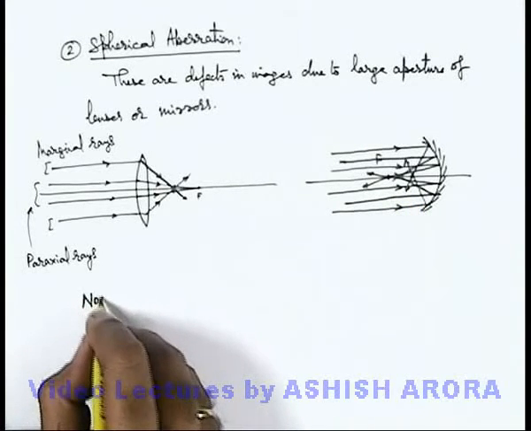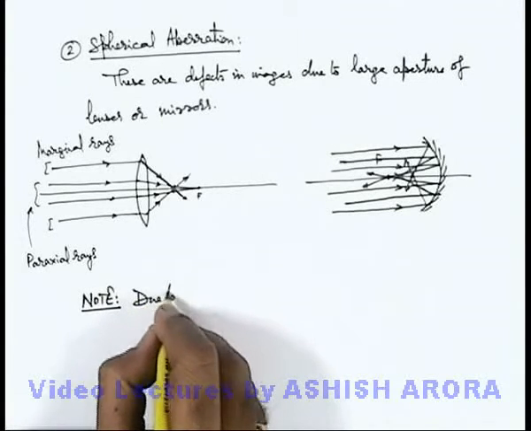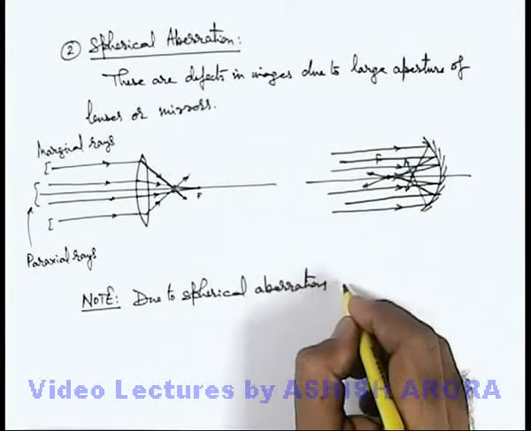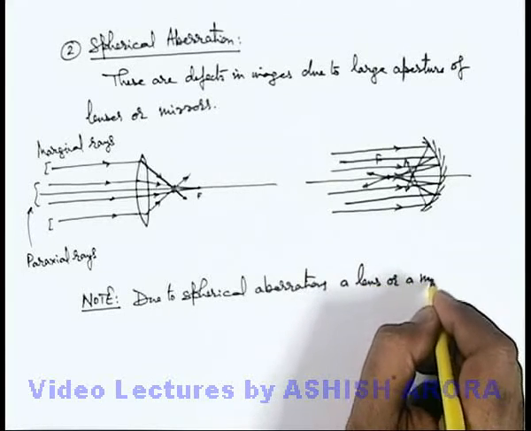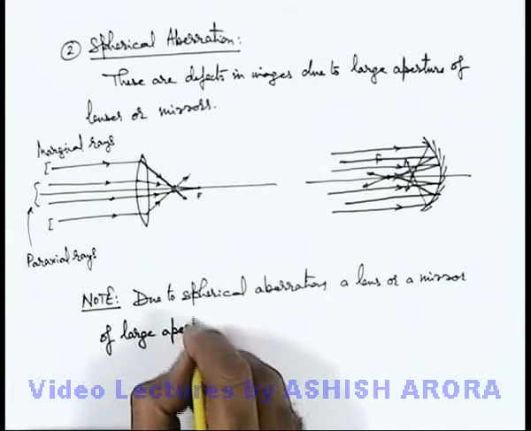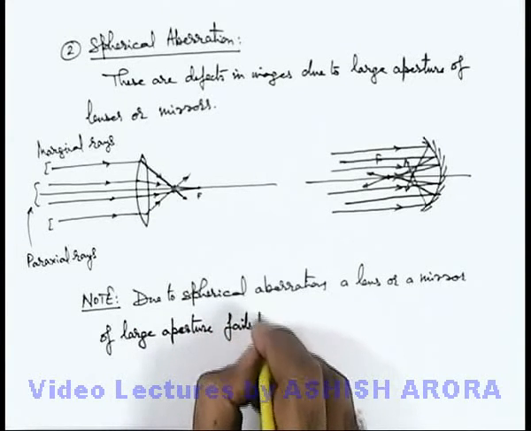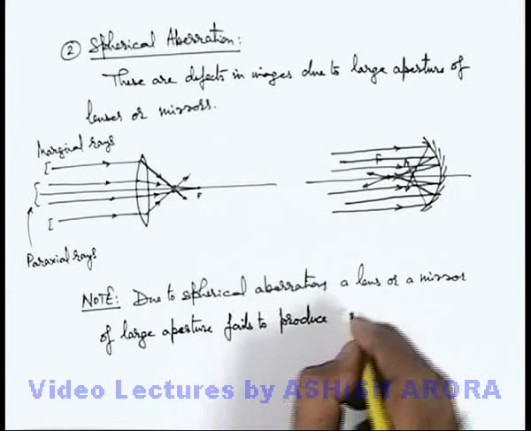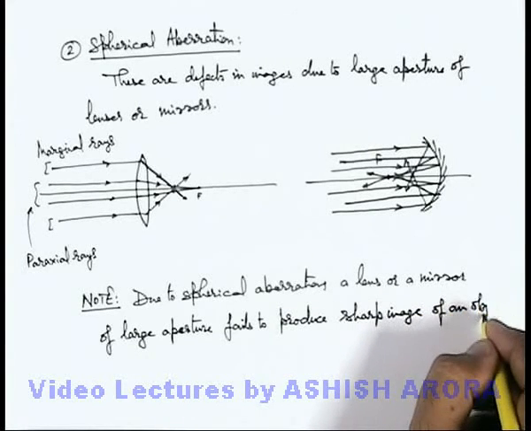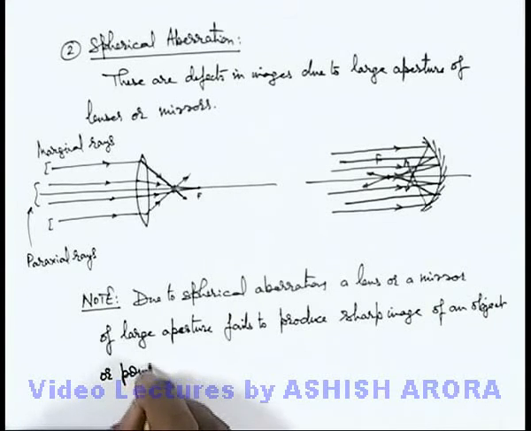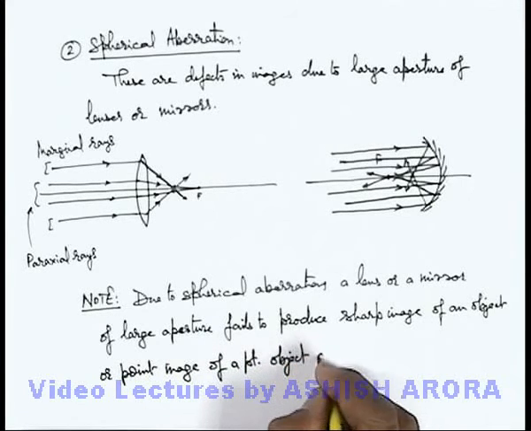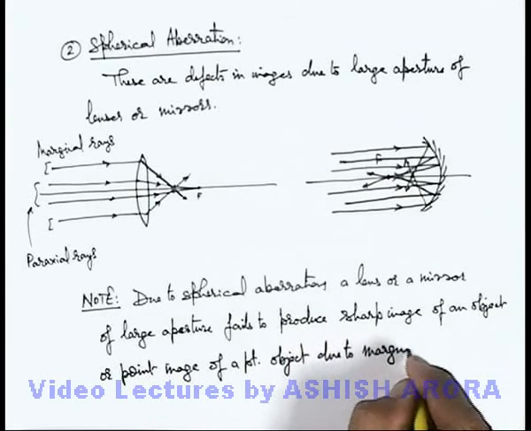So here we can also write on a note that due to spherical aberrations, a lens or a mirror of large aperture fails to produce a sharp image of an object or a point image of a point object, and it is due to marginal rays.